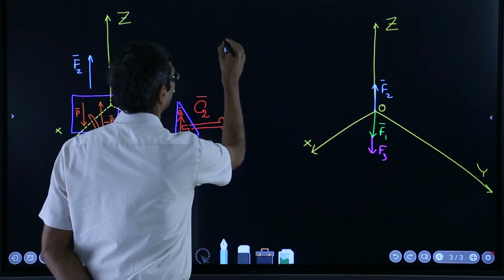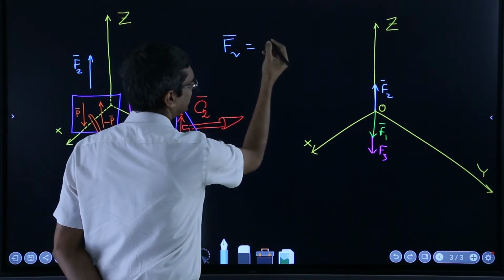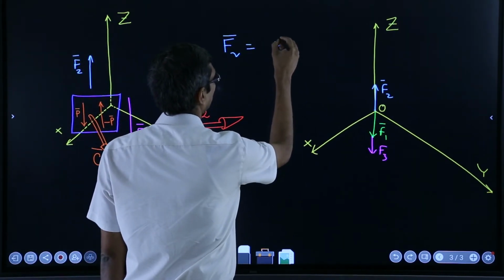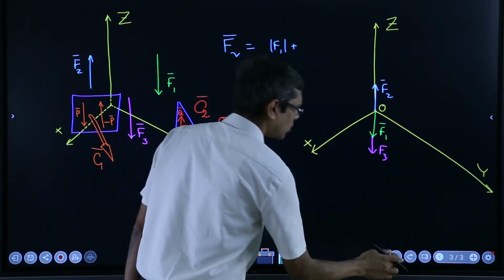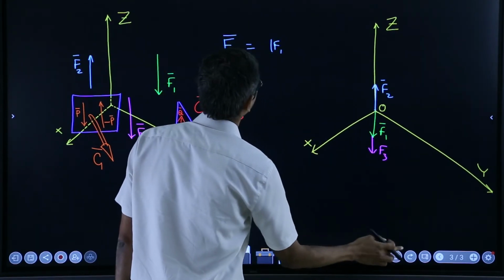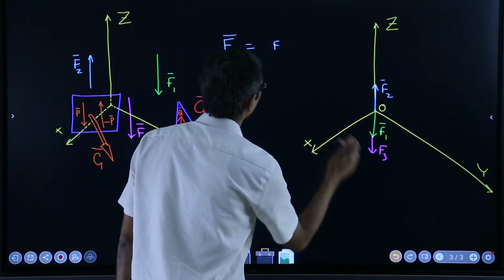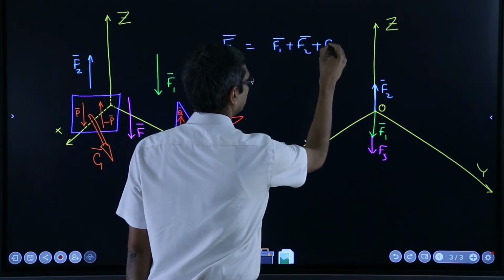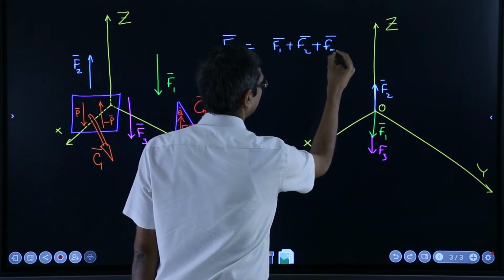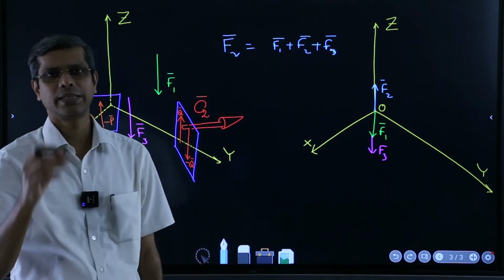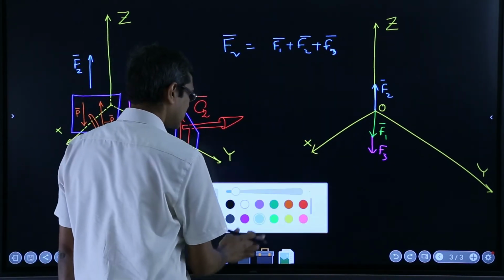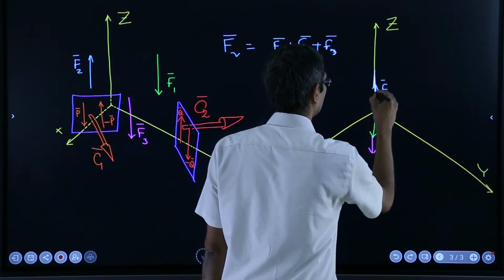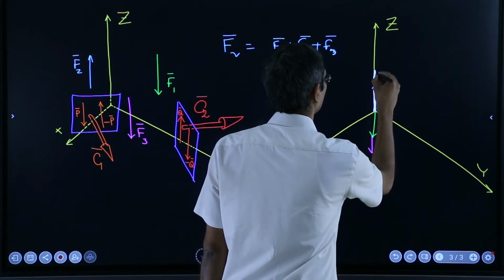Fr will be simply F1 plus F2 plus F3, and this Fr also will be in the direction of the z axis, and I'll just show that with a bold vector like this in white color.